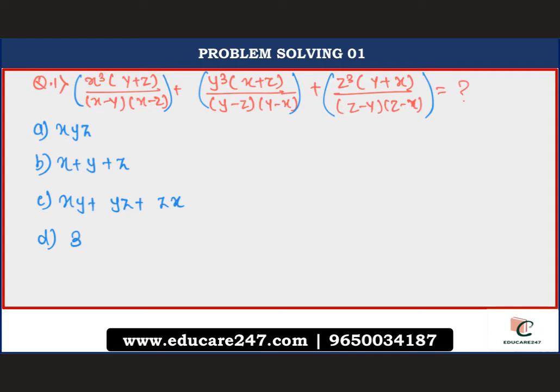So we can apply the method of the degree. So now here let us just take the first expression because degree is same, so anyway it is going to be uniform. So x cube upon y plus z upon x minus y upon x minus z. We'll just calculate the degree over here and compare it with the degrees in the option.